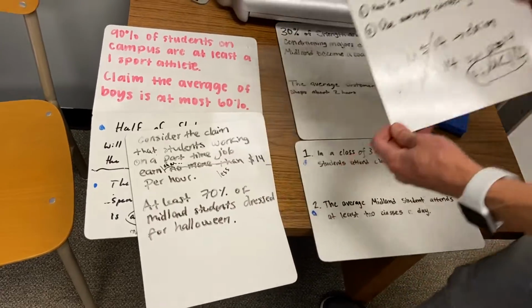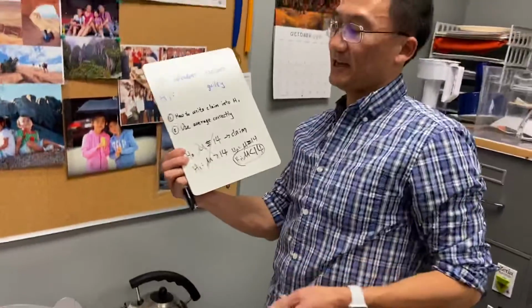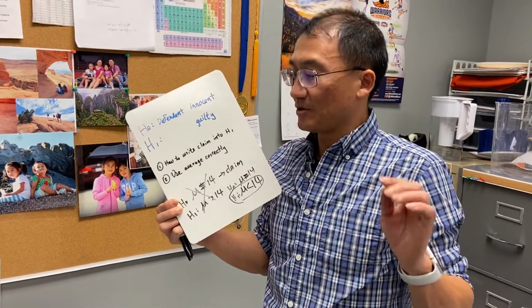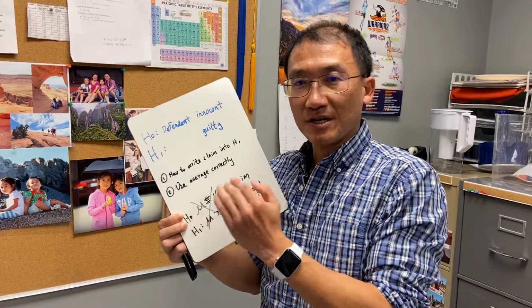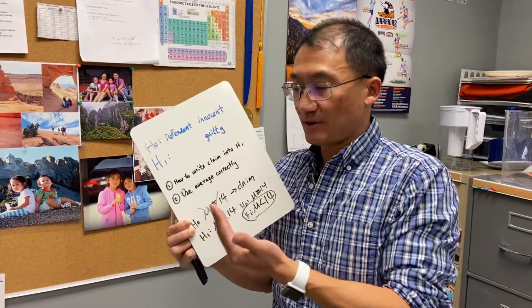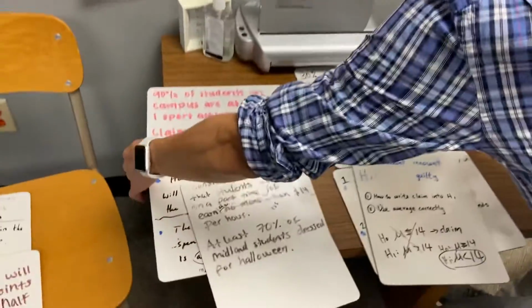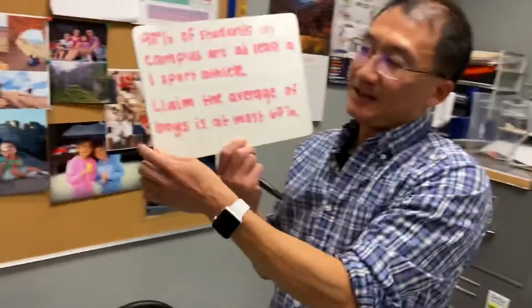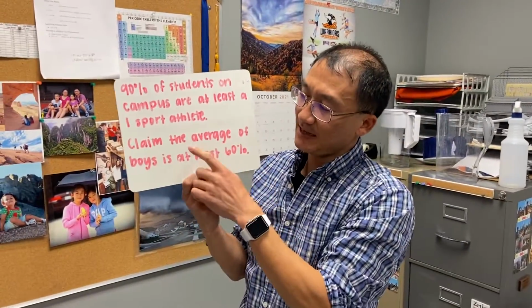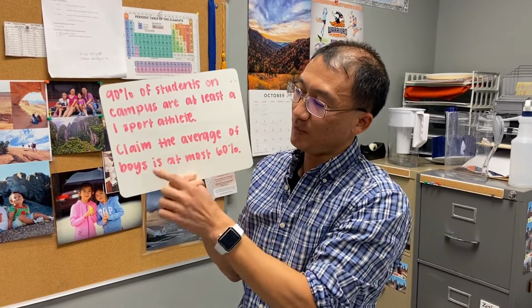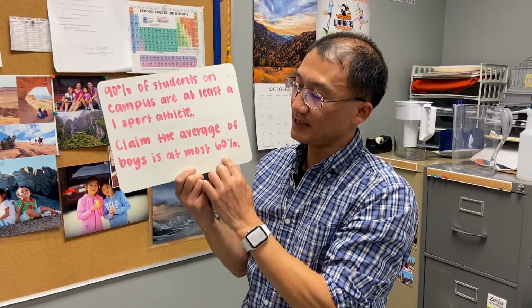The second suggestion that I have is, I see that some students misuse the average. So I would like to say, let's use the average correctly. For instance, take a look at this claim. This claim says the average of boys is at most 60%.